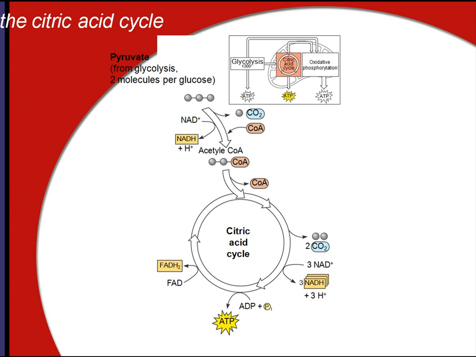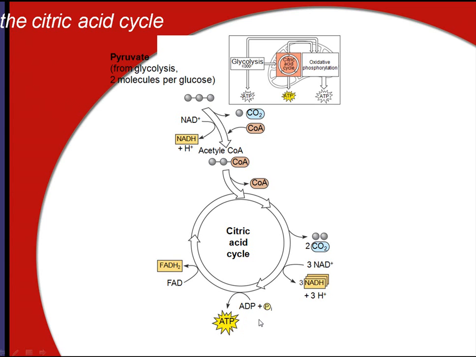To summarize the overall process, we see per pyruvate, per one turn of the citric acid cycle, 2 more carbon dioxides being released, 3 NADHs being reduced, 1 FADH2 being reduced, and the production of ATP through substrate level phosphorylation.